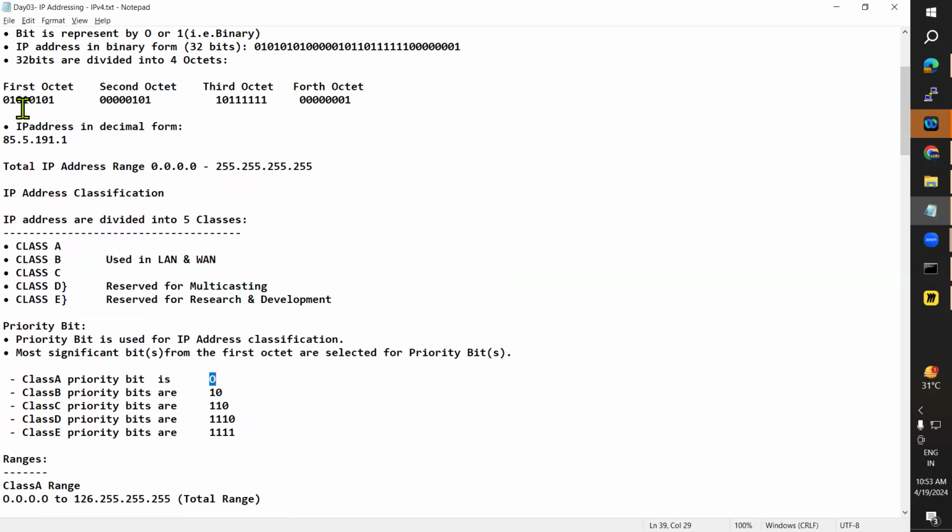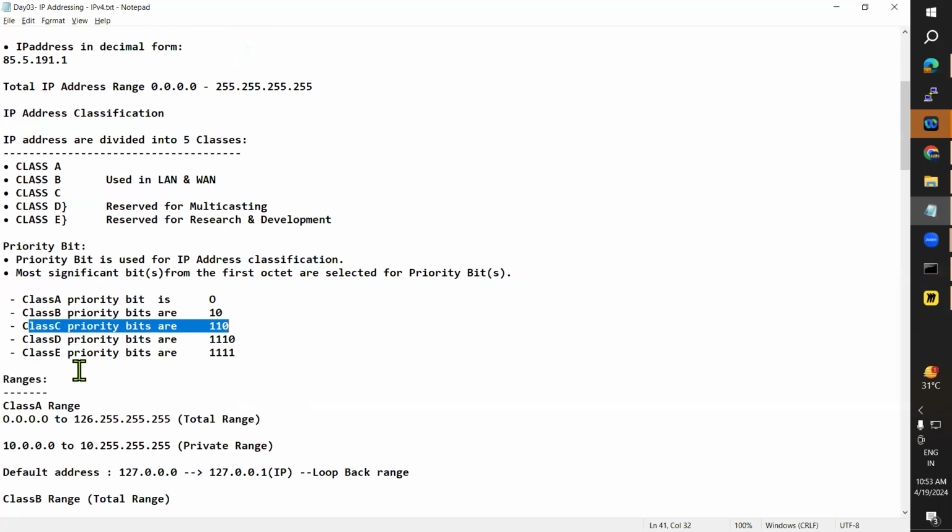Class B priority bits 10. Class C priority bits 110. Class D 1110. Class E 1111. These are the priority bits.